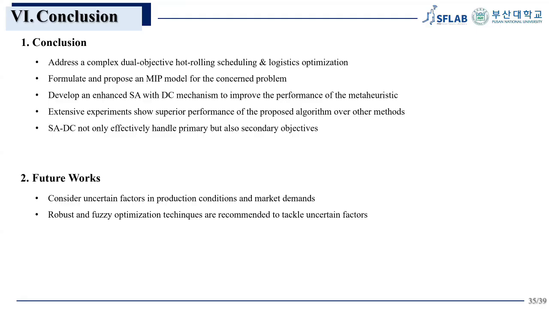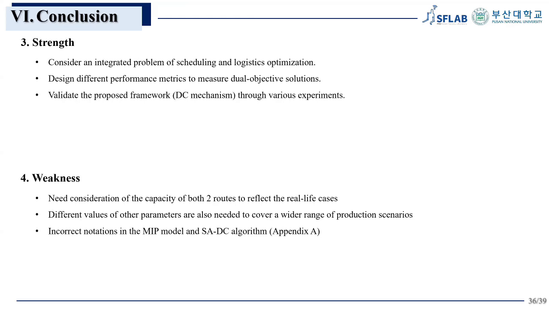We also conduct extensive experiments to compare the proposed algorithm versus others, and conclude that the framework effectively handles not only the primary but also the secondary objective. For the future work, we will consider uncertain factors in production conditions and market demand, and also develop robust or fuzzy optimization techniques to tackle the uncertain factors.